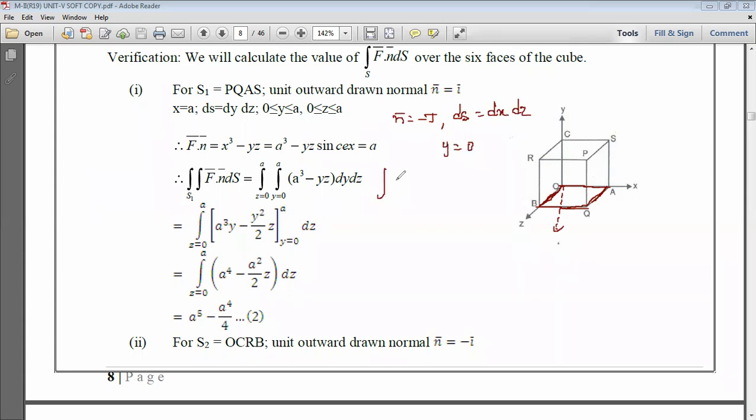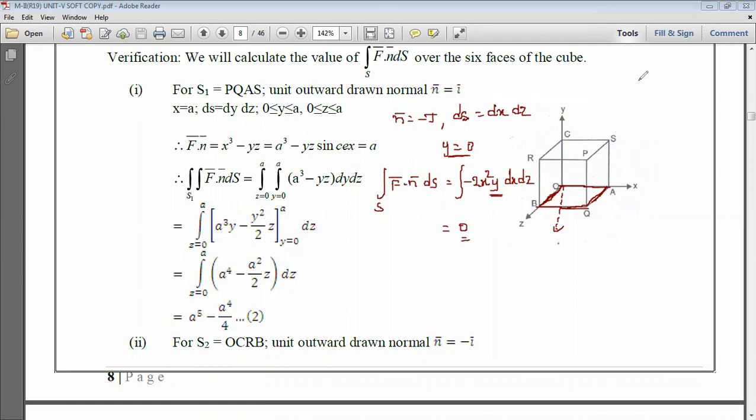And the integral of f bar dot n bar ds. So f bar dot n bar we calculated already. So this is equal to the integral of minus 2x square y dx dz. So here y is equal to 0. So obviously this will also be 0 now. Okay, simply, so S4 is 0.